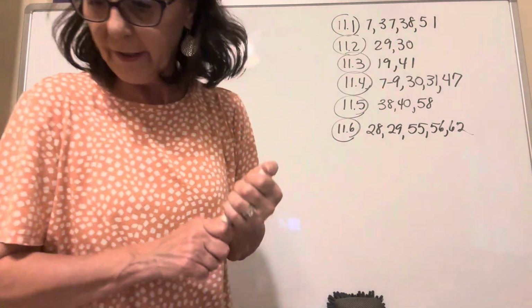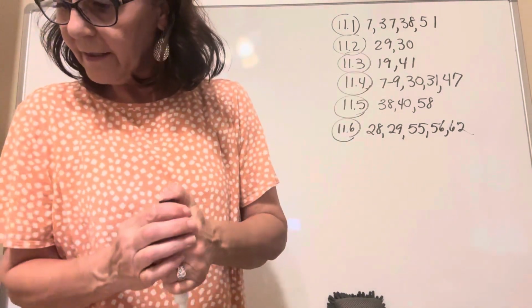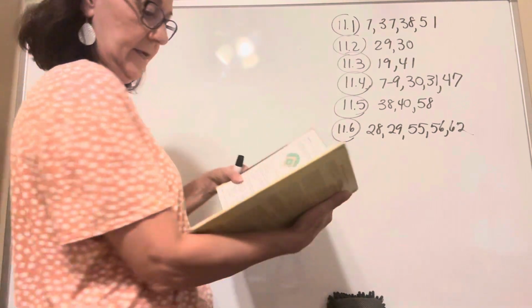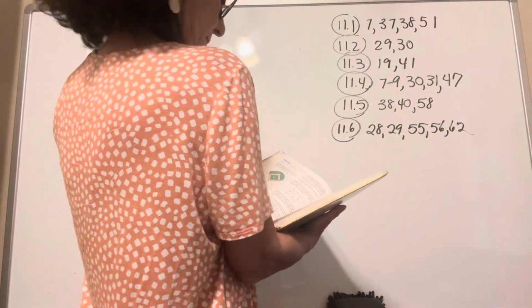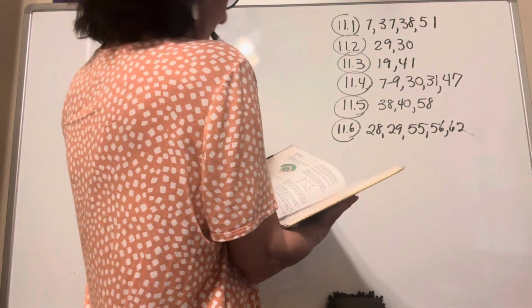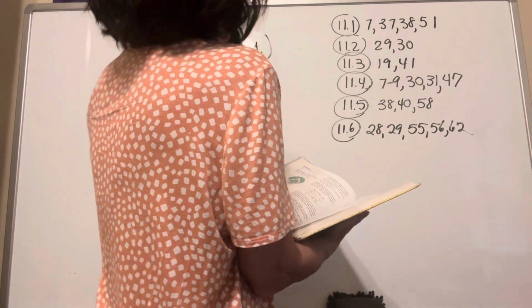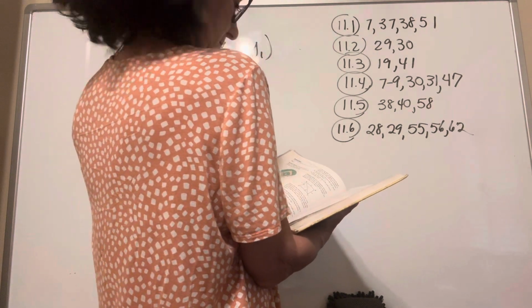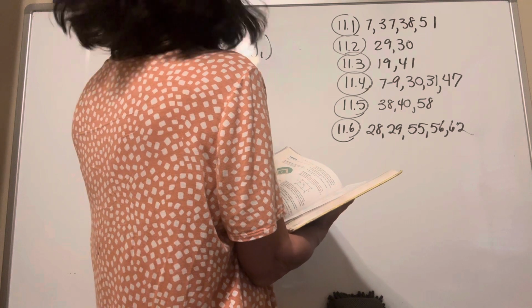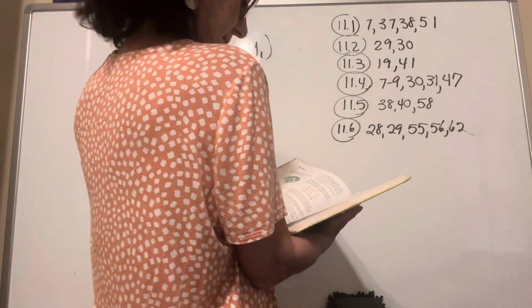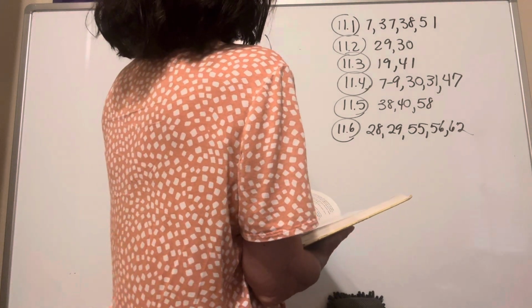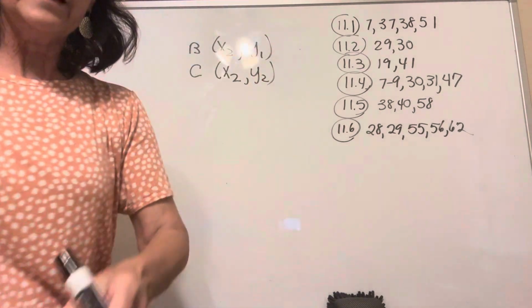Okay, 29. What is the length of side BC? B has the coordinate points x2, y1. C has the coordinate point x2, y2. Length is distance.